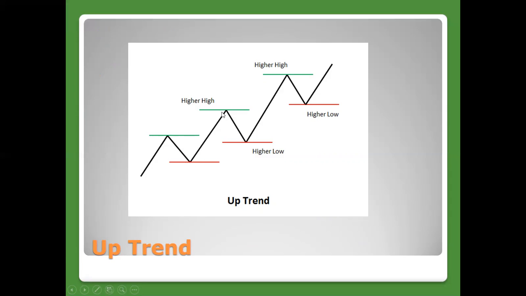However, the important thing to remember is that the highs being made are higher than the previous high. So this high is higher than this high here, and the next high is higher than the previous high. And also the lows: this low is higher than the previous low, as well as this low is higher than the previous low. So anytime we have higher highs and higher lows, it's an uptrend market.